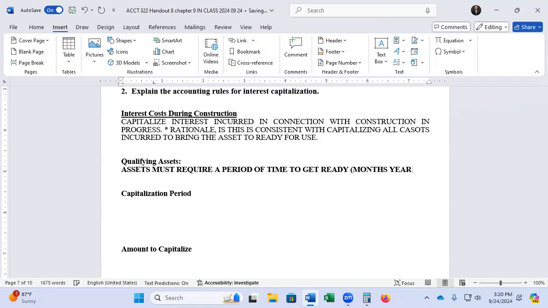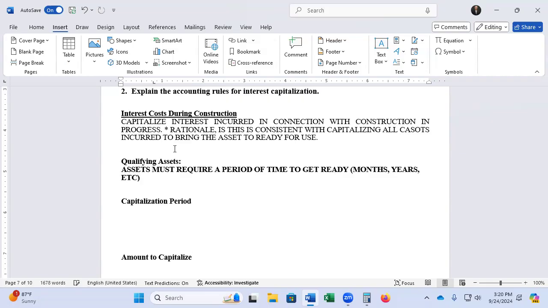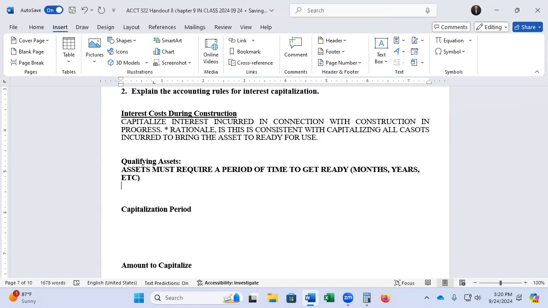Months, years. And so which assets qualify?